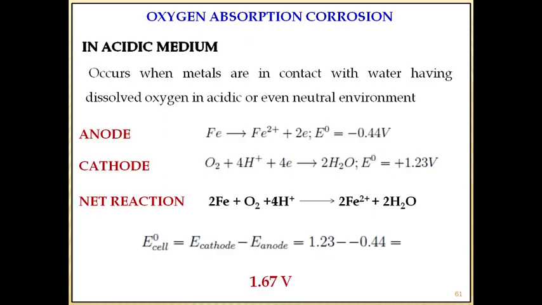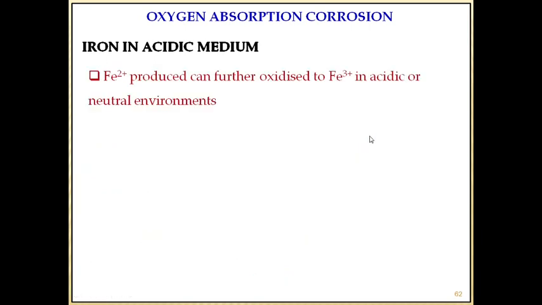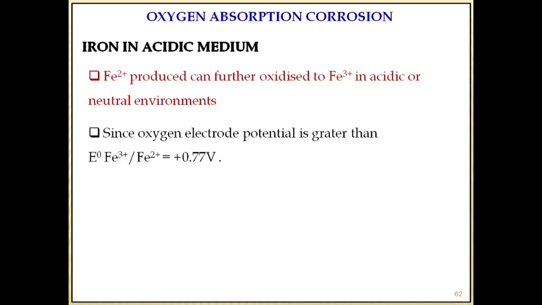The first thing is common, as with hydrogen evolution corrosion. We have to look at the reduction potential, and it's very clear that iron will be undergoing oxidation and will be acting as the anode. Once Fe2+ is formed, it will be readily converted to Fe3+, since the reduction potential of Fe2+ to Fe3+ is low when compared to the oxygen potential.